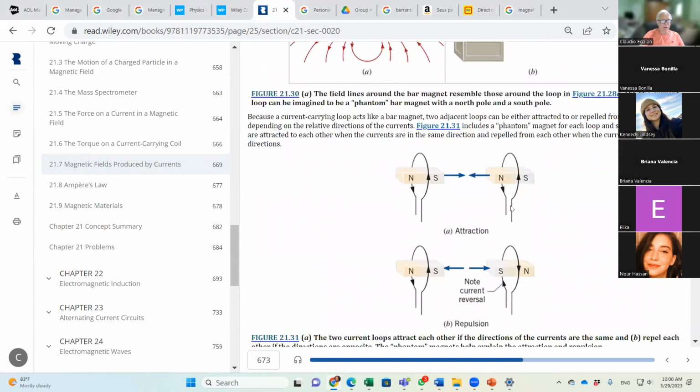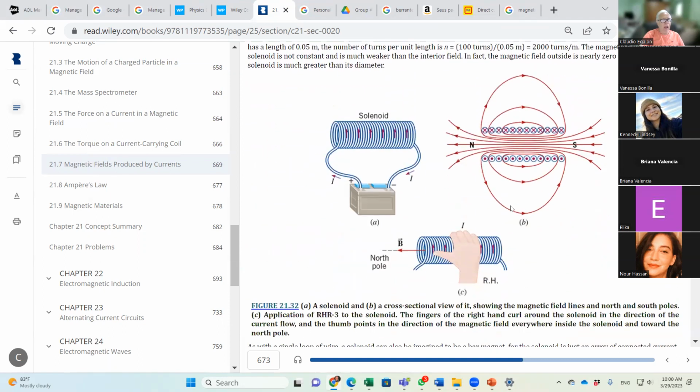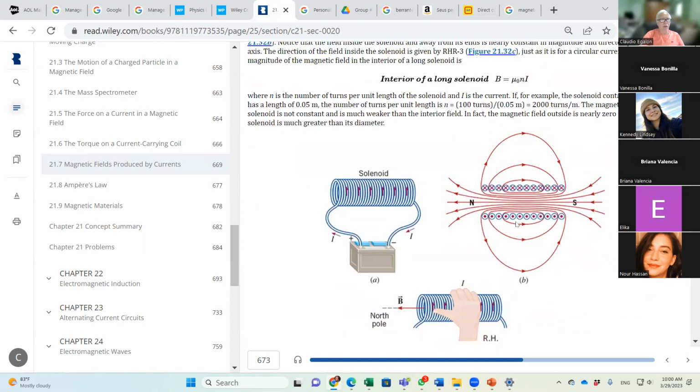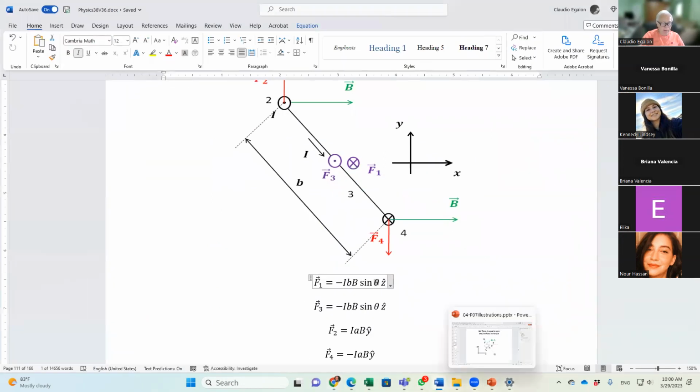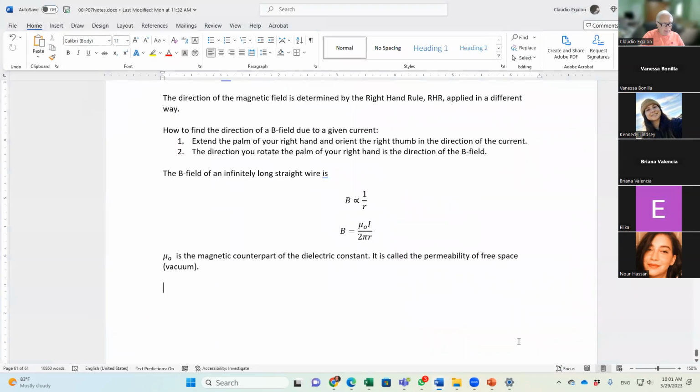And what else do we have here? Oh, the solenoid, that's important. The solenoid is the device that produces a uniform magnetic field. That you have to memorize. The solenoid is one of the most important magnetic devices that we have. We use that everywhere.